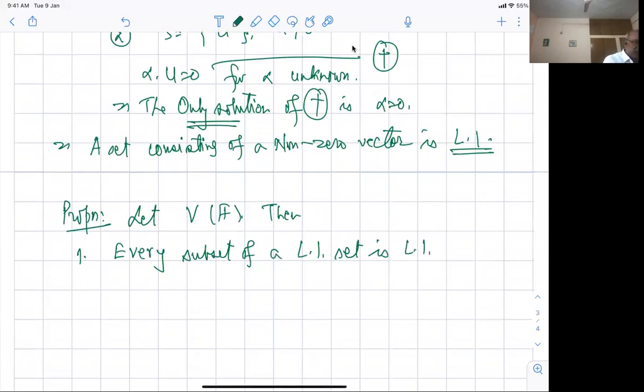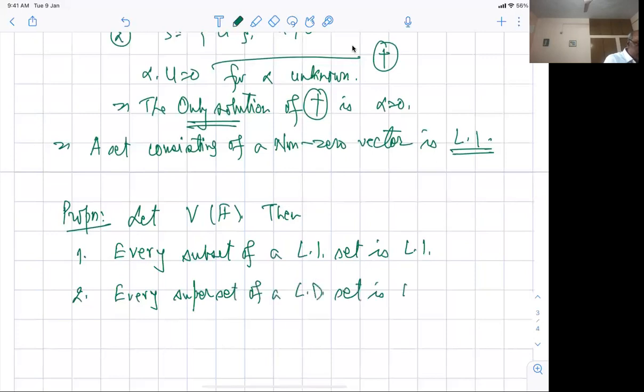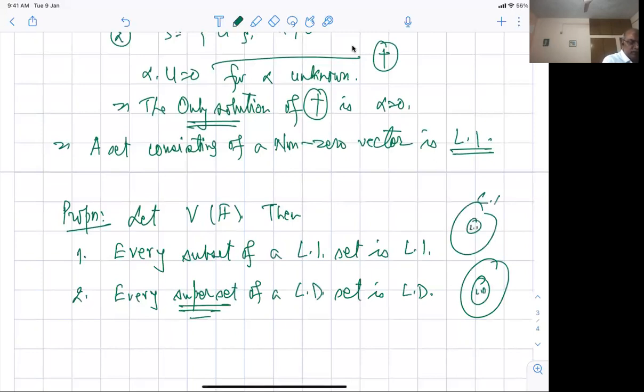You can prove it the way we have proved that every superset of a linearly dependent set is linearly dependent. I'm talking of a superset, a bigger set. This is linearly dependent, so if I take a bigger one, it will also be linearly dependent. And here I'm looking at the subset, the smaller part. Big is linearly independent implies a smaller is also linearly independent. In some sense, here it is small implies big.